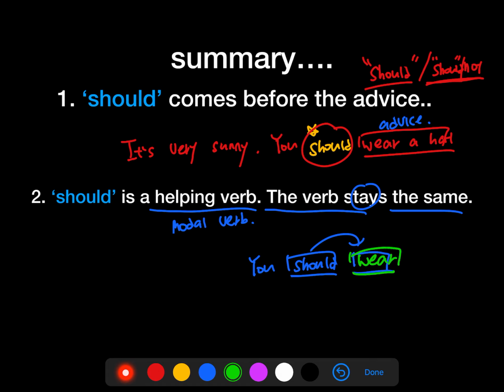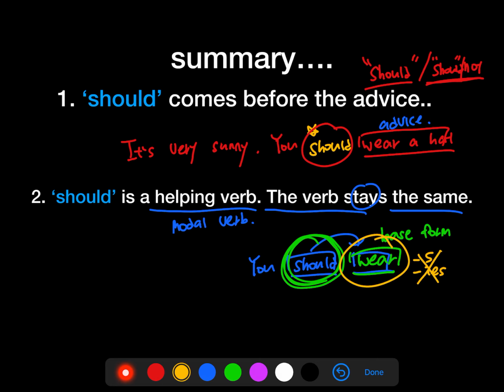So it doesn't change. When there is a helping verb, when there is a modal verb with the main verb, we need to remain. We don't have to change the form of the verb. You have to go with the base form of the verb. You don't need to put S, you don't need to put I, ES, no. Just the pure version of the verb, the base form. The verb stays the same.